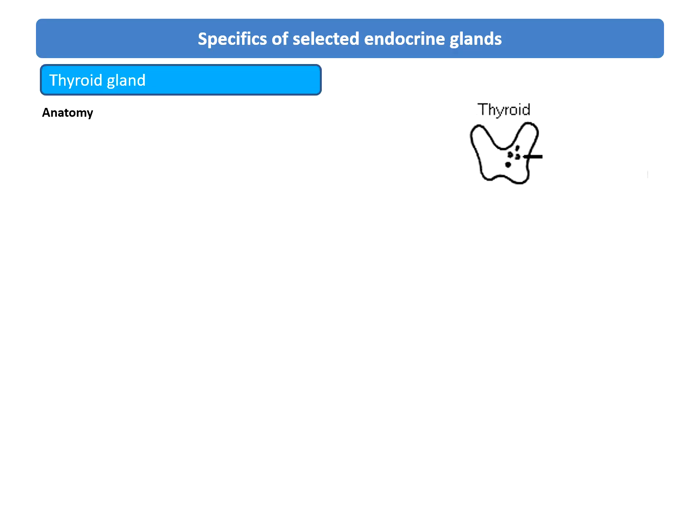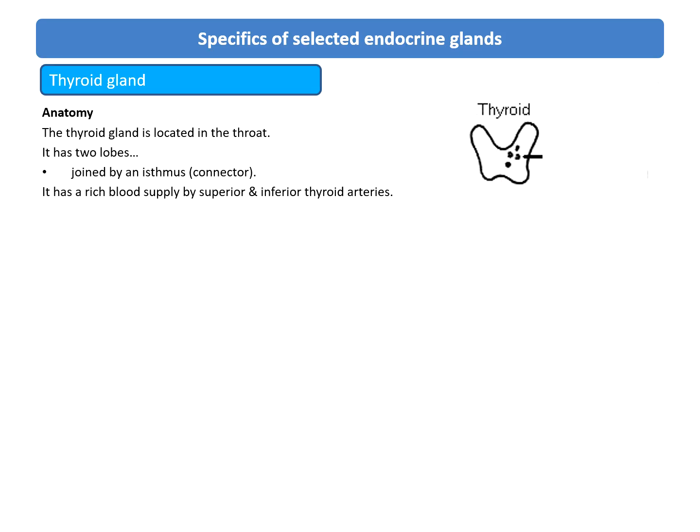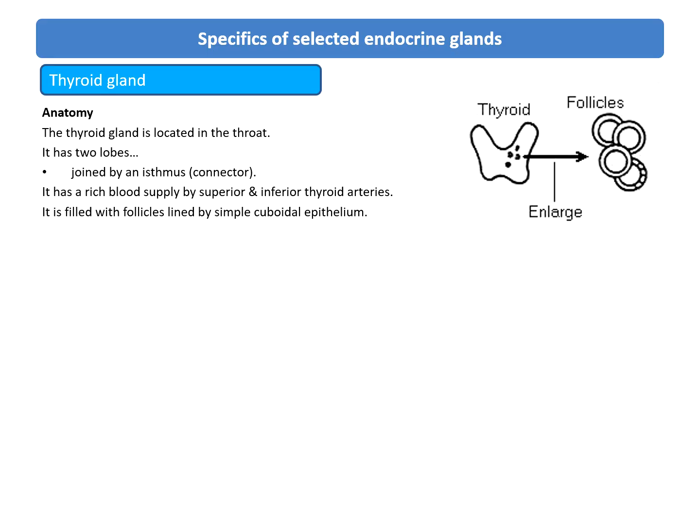Let's look at another gland, the thyroid gland. This gland is located in the throat. It has two lobes connected by an isthmus or a connector. It has a rich blood supply by superior and inferior thyroid arteries. It's filled with sacs called follicles. These are lined by simple cuboidal epithelial cells.